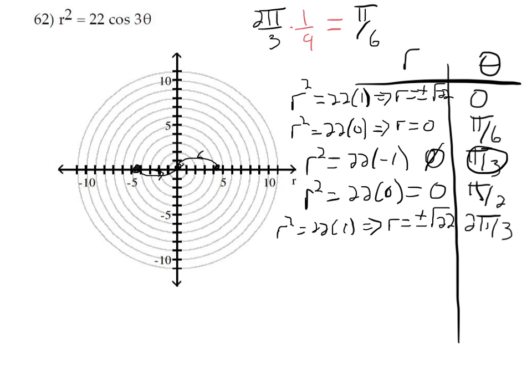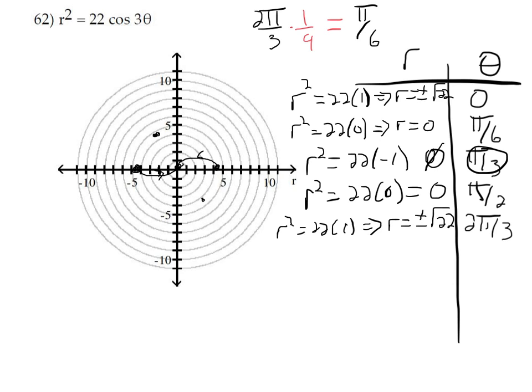Then in 2 pi thirds, which is in this direction, we're back at plus or minus square root of 22. So we're here, and we're also here. Now this isn't necessarily enough information to go on yet.